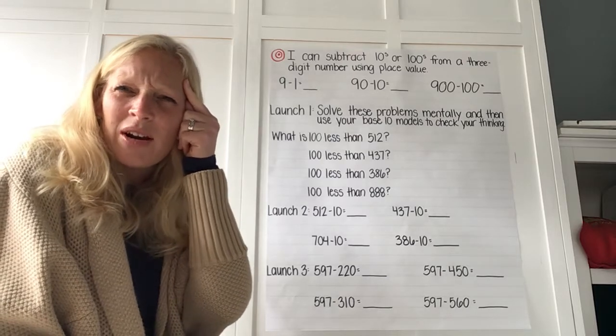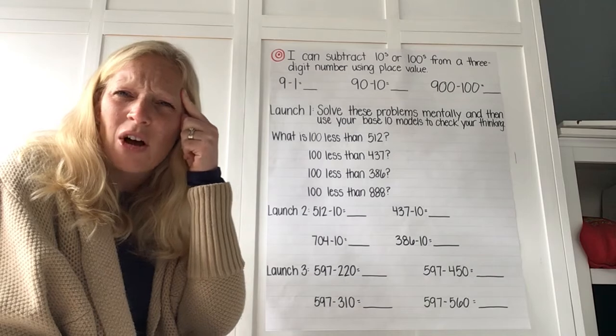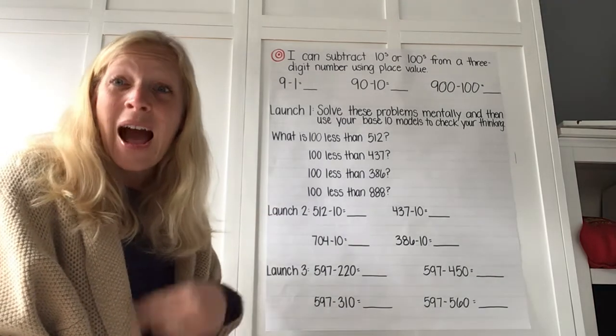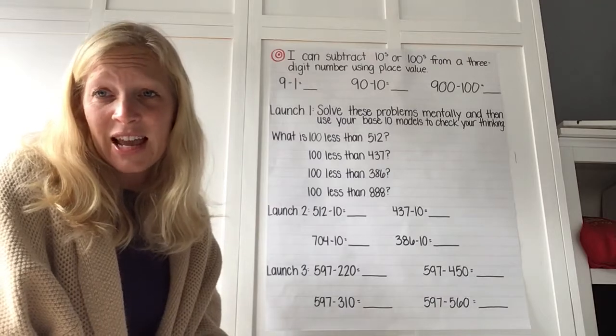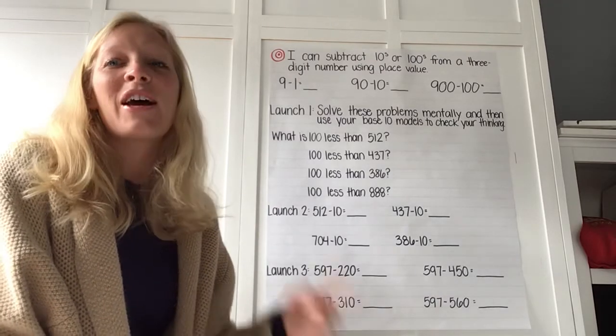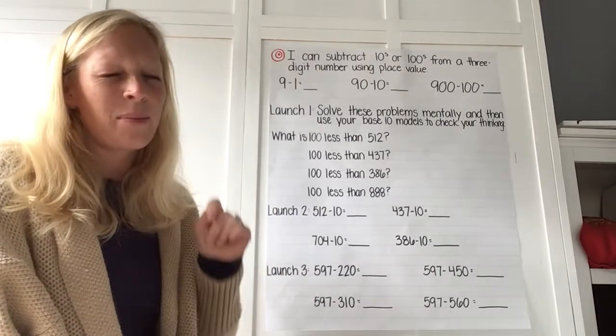You know, when we do our number talks, when we have our mental math where we just solve it in our head and not write it down on paper, I'm going to be encouraging you to do that today as we do our work, and then we're going to go back and use a model to help us prove it or check our work.